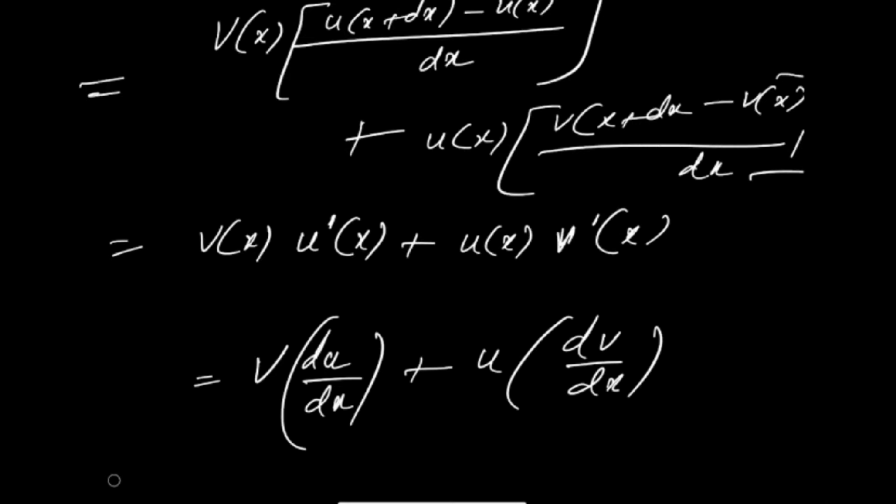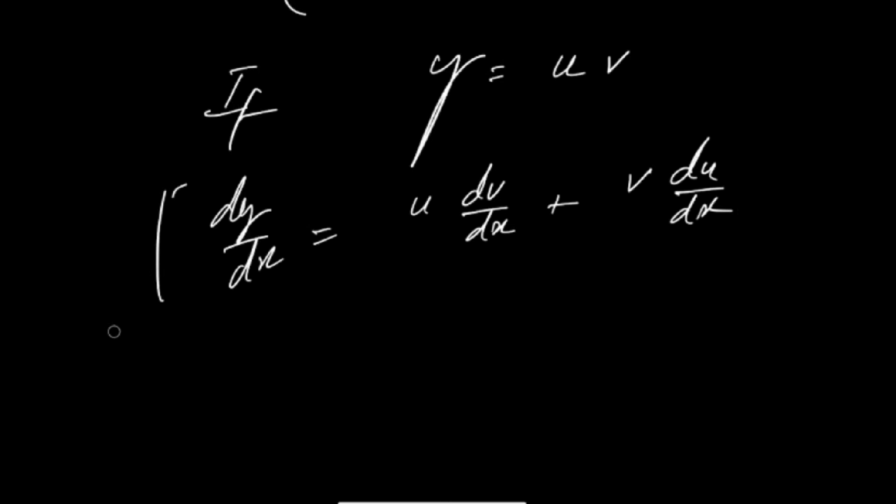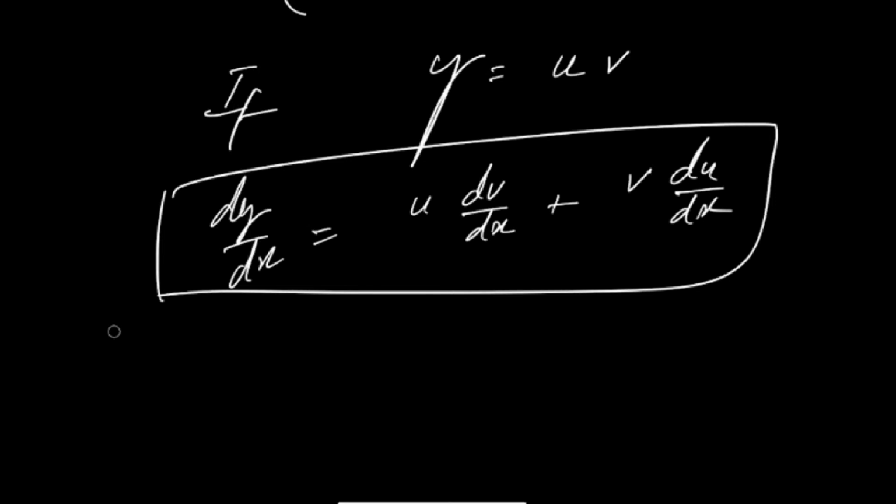So what was the question? The question was: if y was a product of two functions, u of x and v of x, u into v, then dy by dx by product rule is u into dv by dx plus v into du by dx. That proof we did just now.